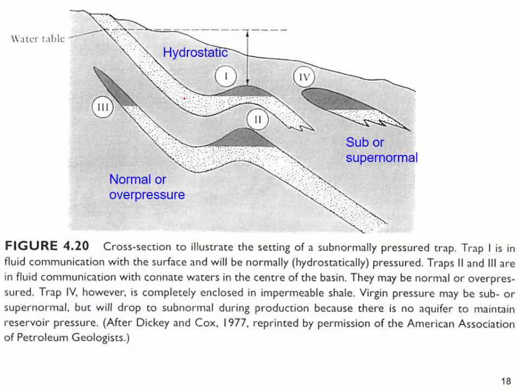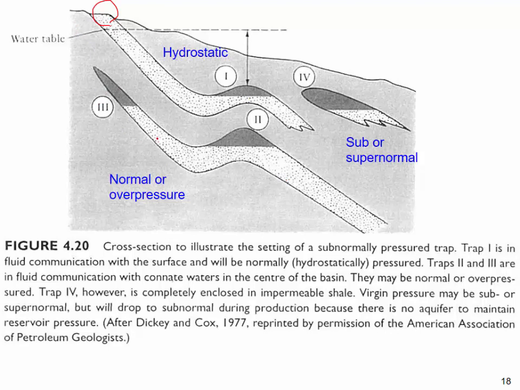So an example here is that the first one, this structure is all connected to the groundwater, right? So the fluid inside this permeable bed will be hydrostatic. But here, this is not connected to the top, right?